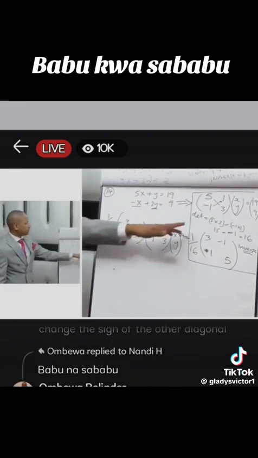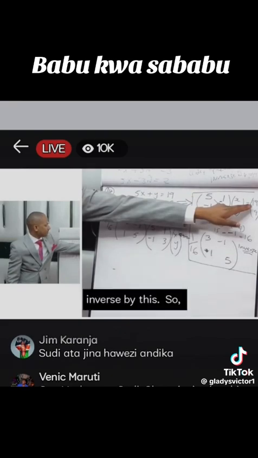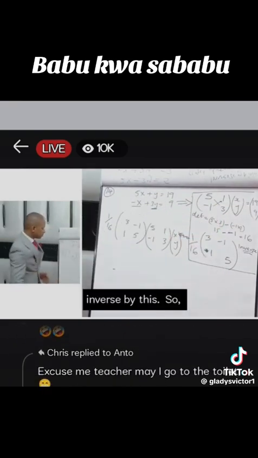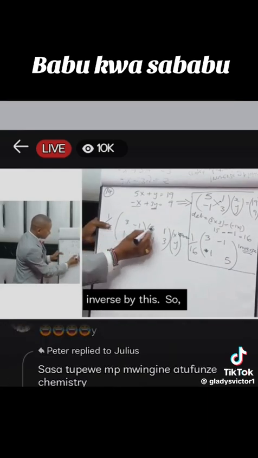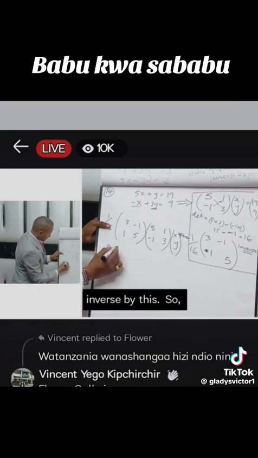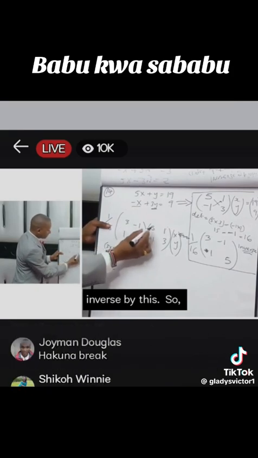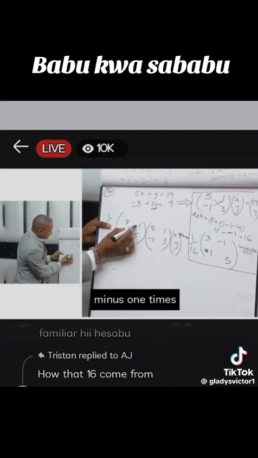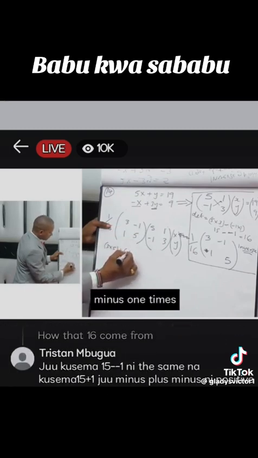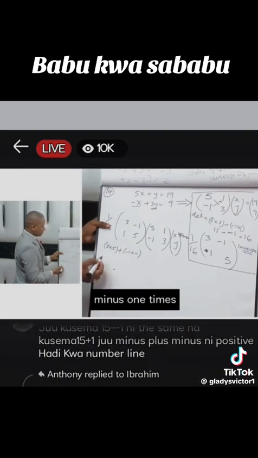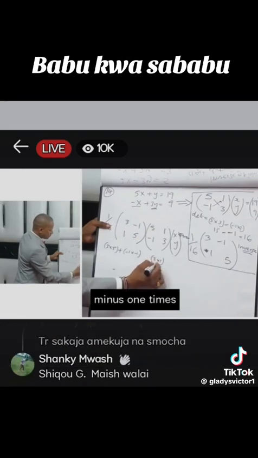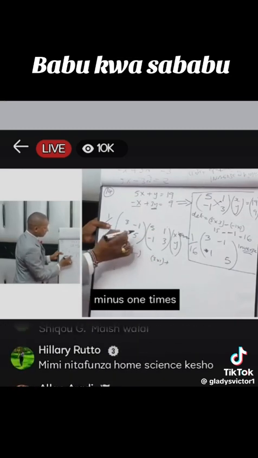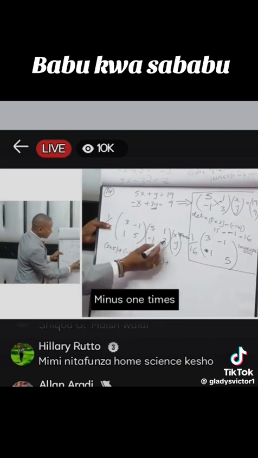Then we pre-multiply the inverse by this. So this side, let's pre-multiply. 3 times 5 plus minus 1 times minus 1. Then 3 times 1 plus, remember there's a space here, minus 1 times 3.